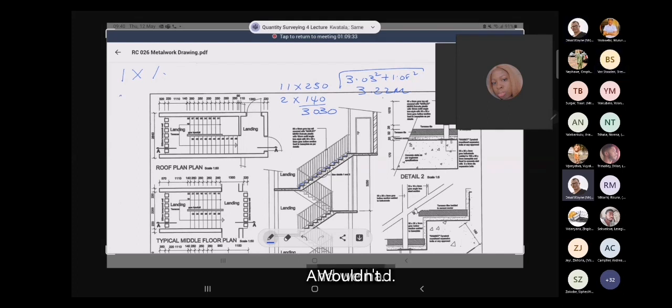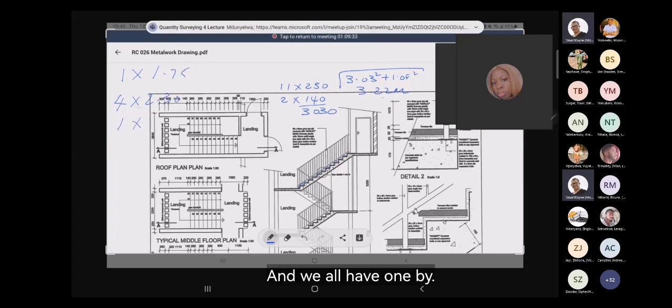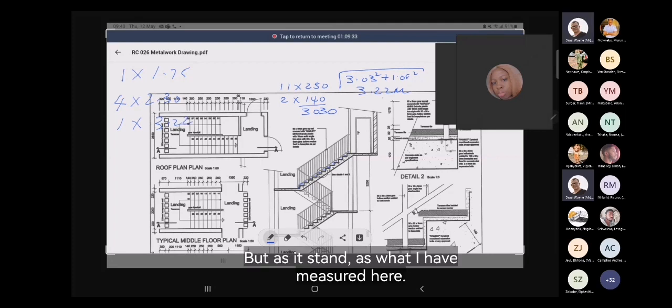And we had 4 by 2.3, and we now have 1 by 3.22.